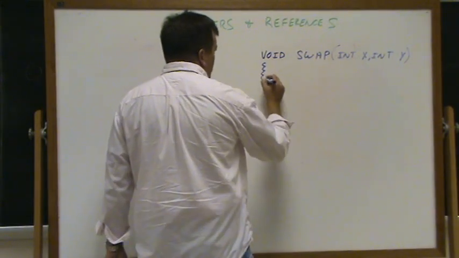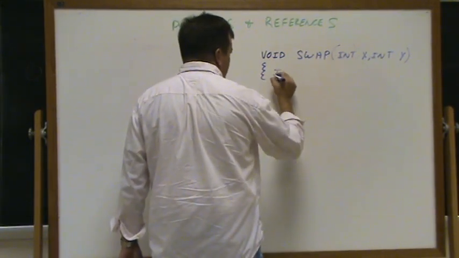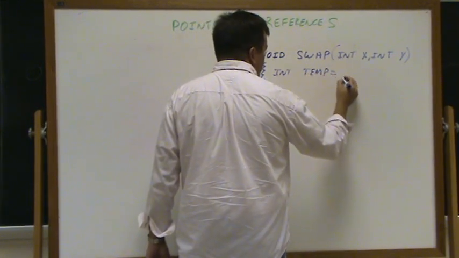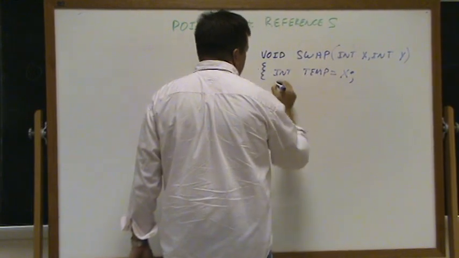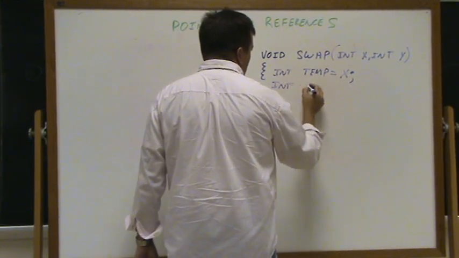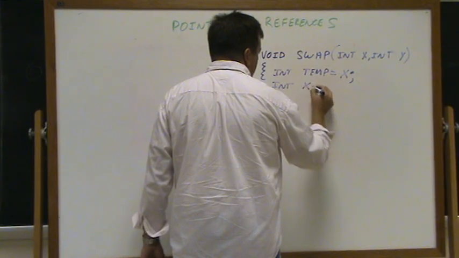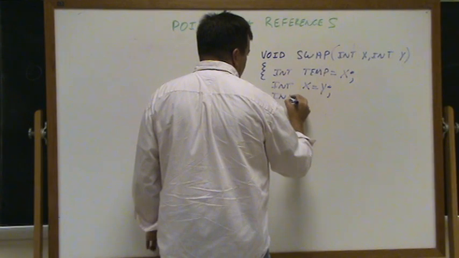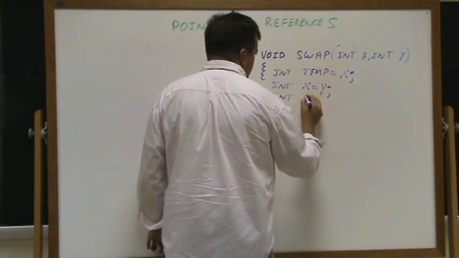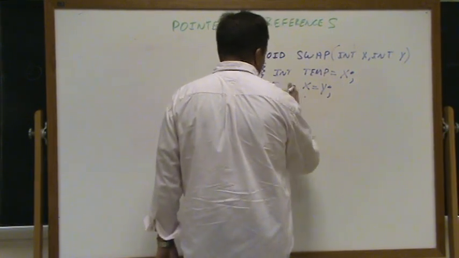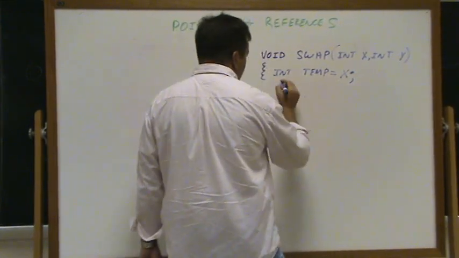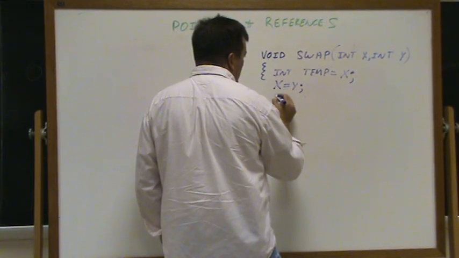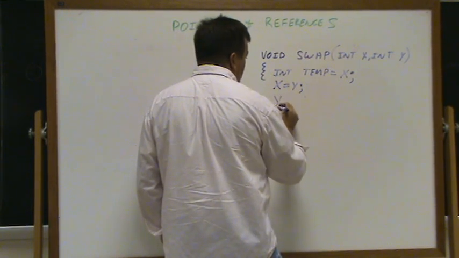And what does it do? It says integer temp equals x, x equals y, and y equals temp.